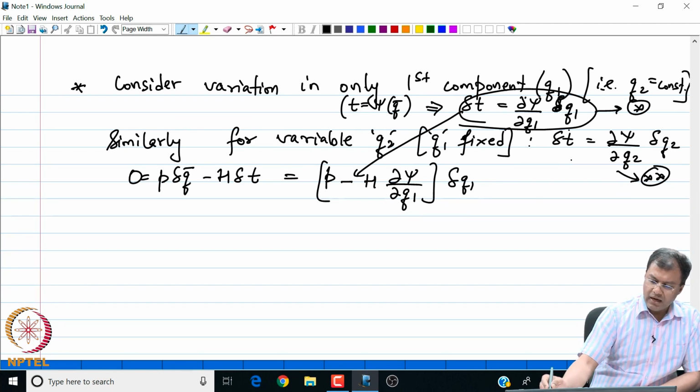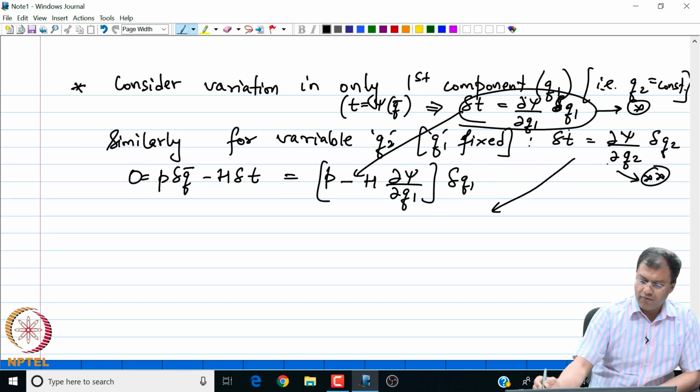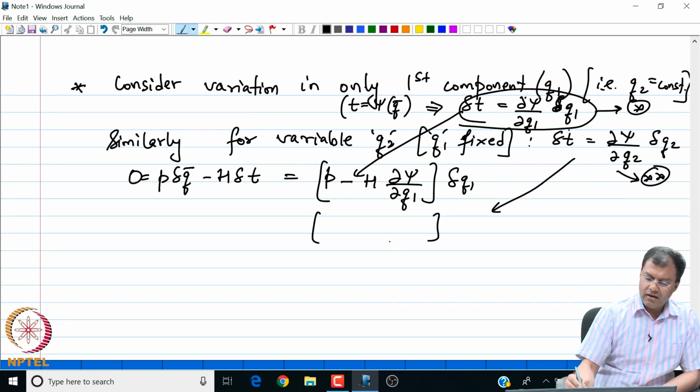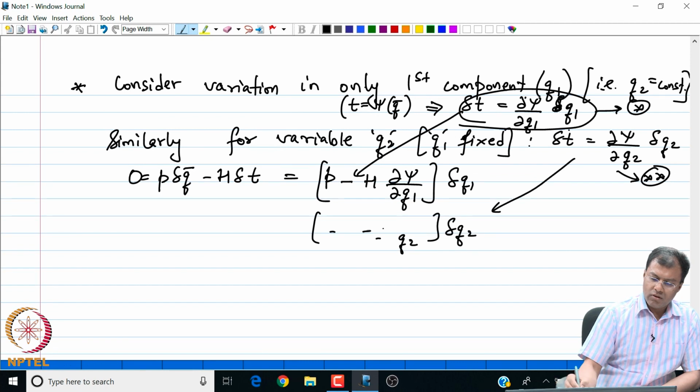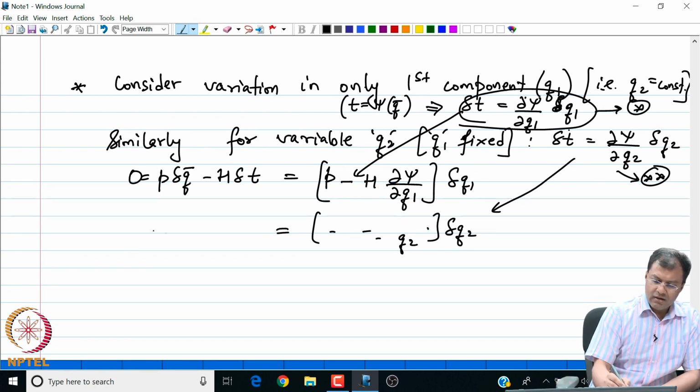Similarly, from the other coordinate I can find a similar relation with respect to q2, delta q2. Students can complete this expression, which is identical to the first one.